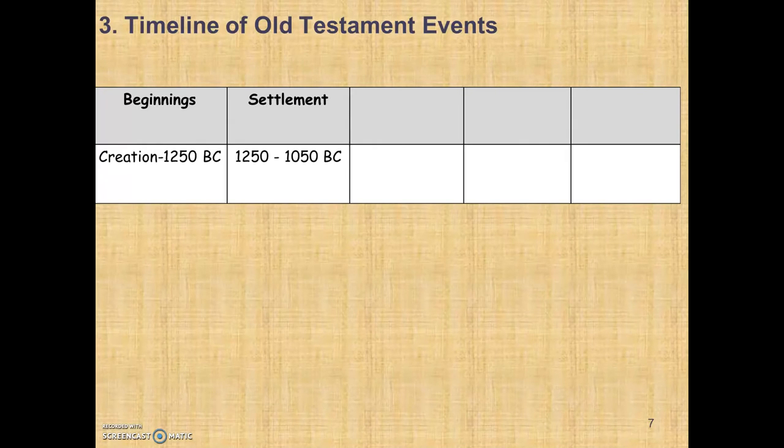The settlement period begins in the story of the Old Testament when Joshua takes over leadership. The Israelites cross the Jordan River and go into the land. And then you have, during this time period, the events in the books of Joshua, Judges, and Ruth, down to about 1050 BC.